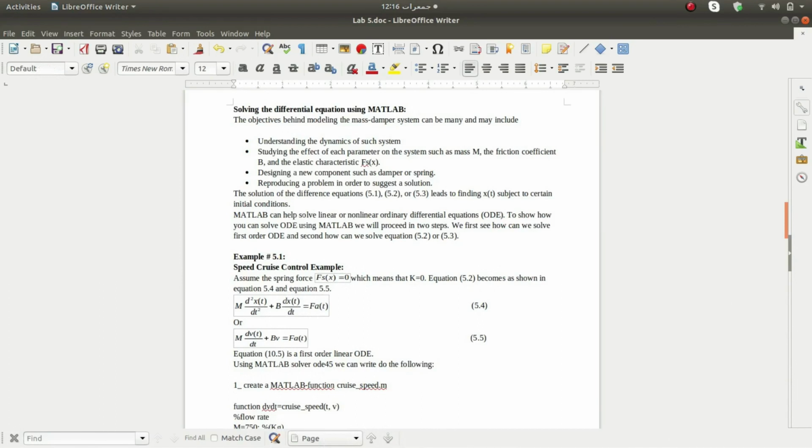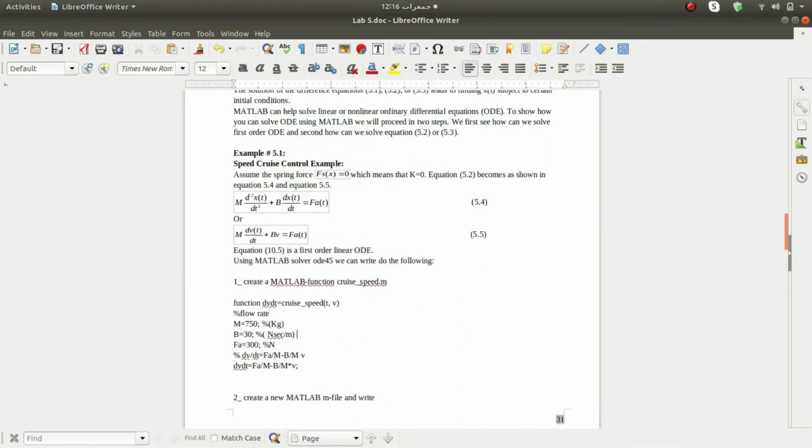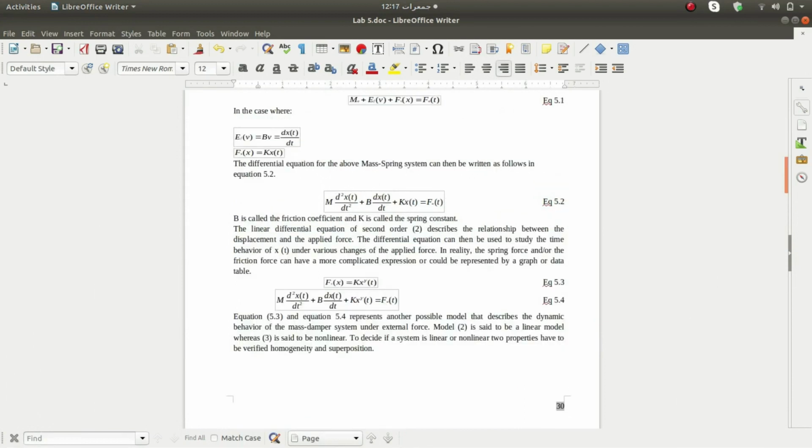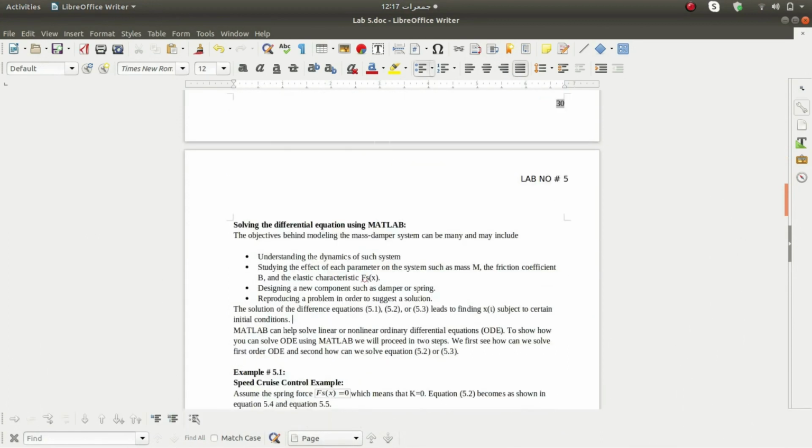Here you can see that from the same above equation, we have derived equation number 5.2, this one. Here we have supposed the spring force F of S equals 0.